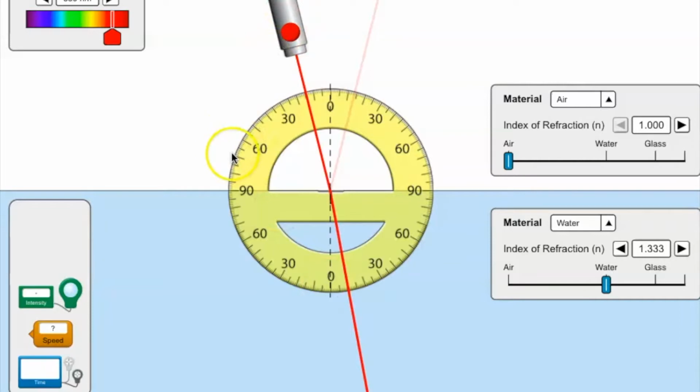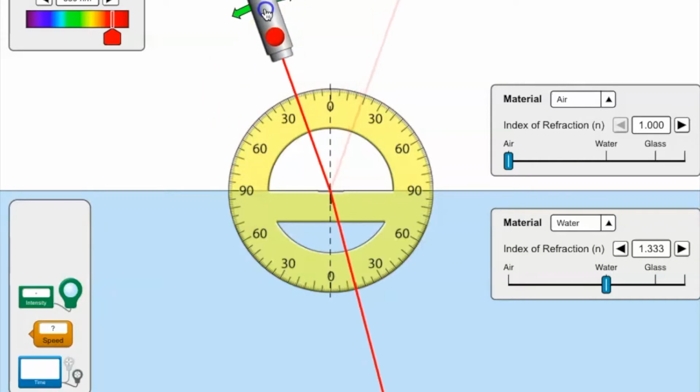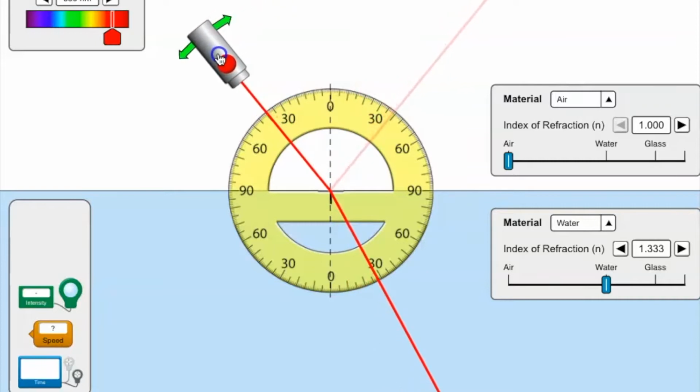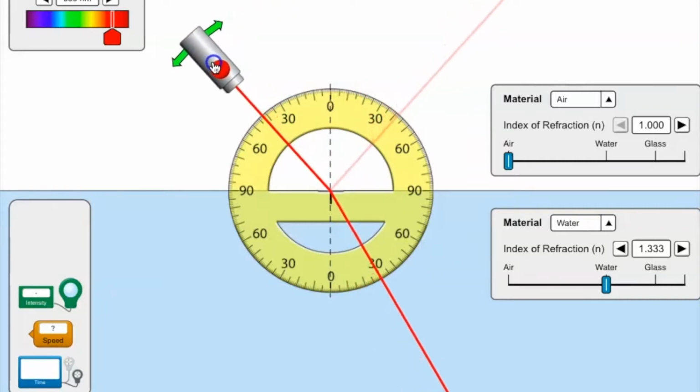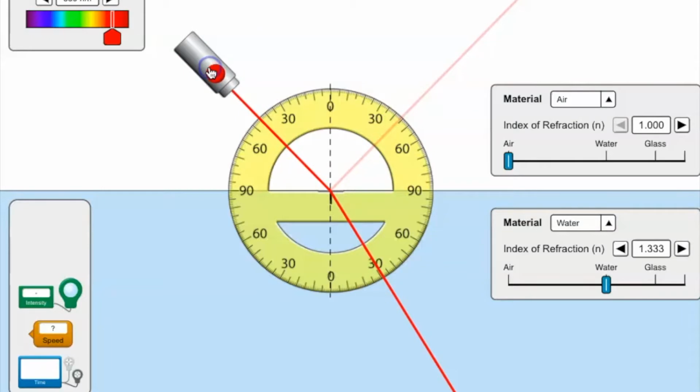So as long as you pick for the next angle some larger angle, I went with 45 in my answer key, which is about here-ish, then I'd see it still bends towards the normal line.